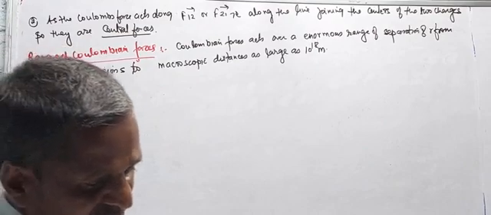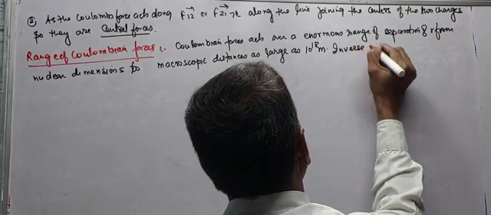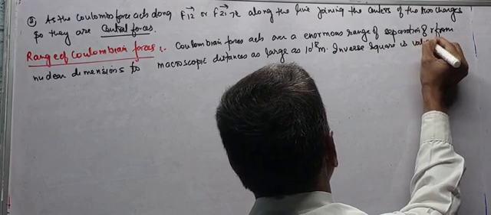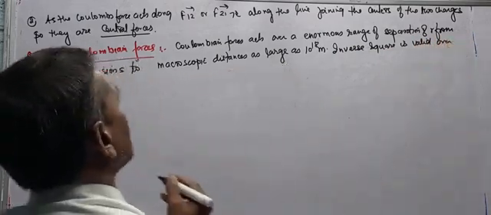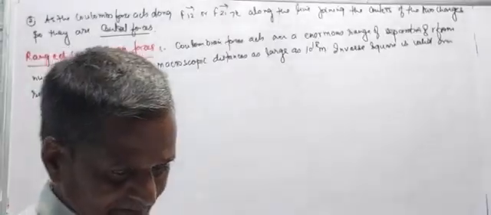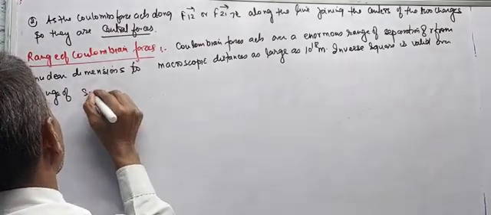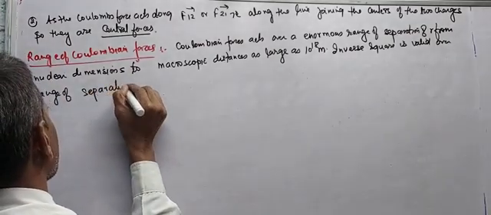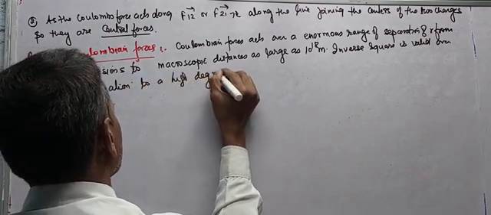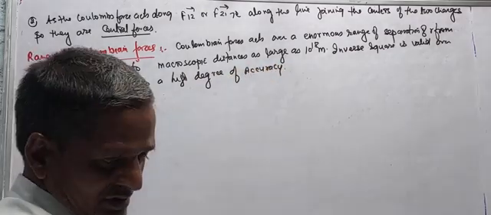Inverse square is valid over the range of separation to a high degree of accuracy.